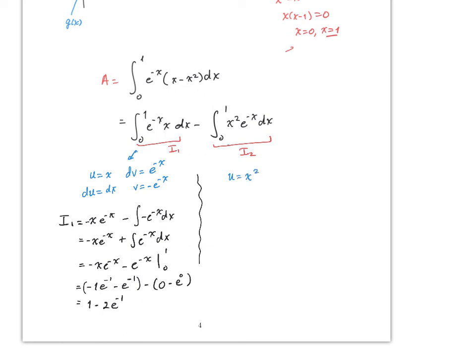Now u will be x squared, dv will be e to the minus x. So therefore du will be 2x, and v will be minus e to the minus x. And this is what I mean by you have to do it twice.